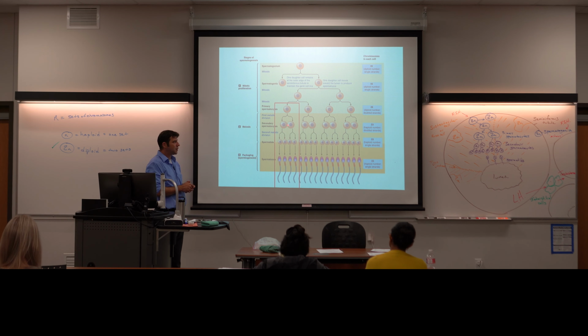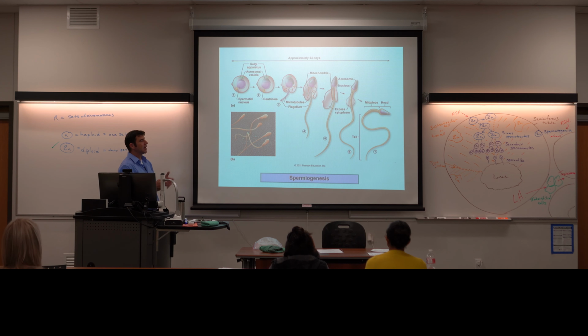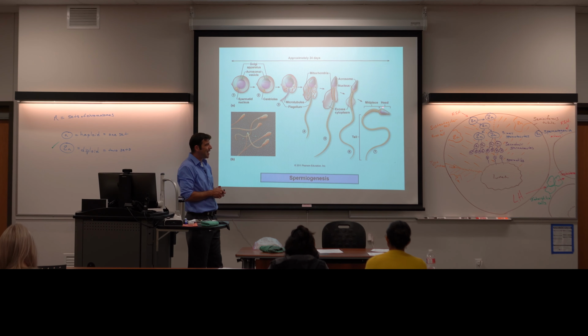Okay, if we look at one of these maturing spermatids, how it organizes itself, that's this picture right here. We're going to see that the organelles like the mitochondria are going to line up just behind the head. These are going to act kind of as an engine that propels this flagellum that accelerates in one direction. If you look at the head of the sperm, all it is is a head that contains 23 chromosomes, and there's a little cap, an enzyme called an acrosome.